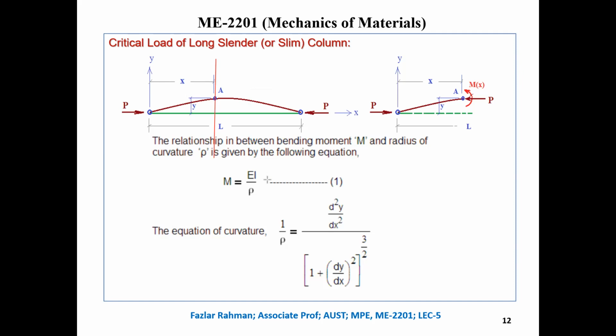If you make a free body, we are working with a static body, not a dynamic body. That body is static, not moving. At the left point we have force P working toward the right, and on this side the reaction force should also be P, opposite and the same.